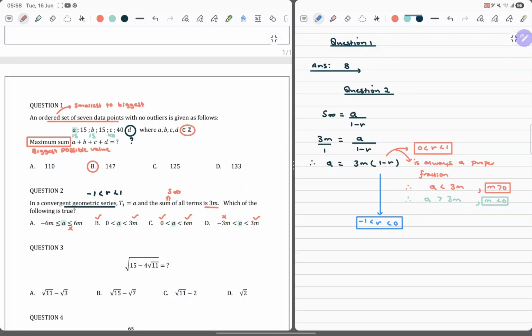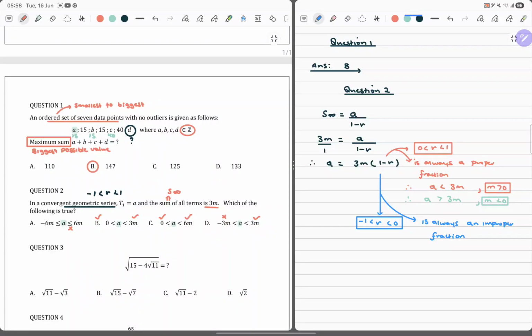So what would this help us to conclude? We now know that what would happen here is that 1 minus r is going to always be an improper fraction.